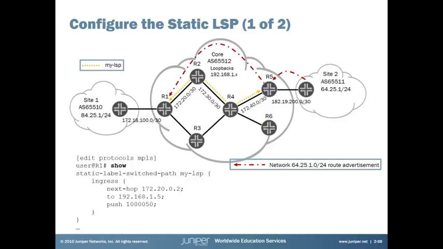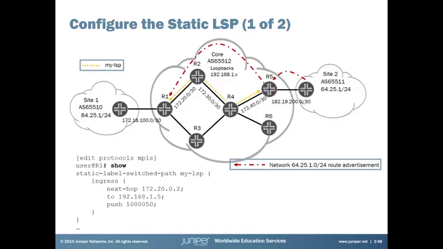That's the name of our LSP. Ingress, so we're configuring this on R1, which is our ingress router. The next hop is 172.20.0.2. As you can see, the link between R1 and R2 is the 172.20.0 network, with R1 being .1 and R2 being .2. So that becomes the next hop of our path.